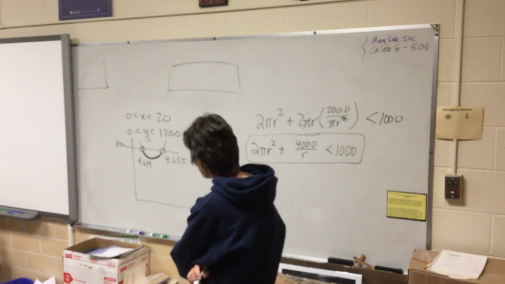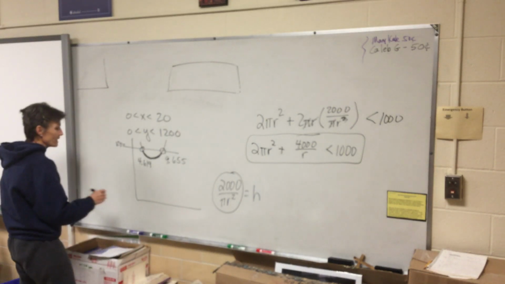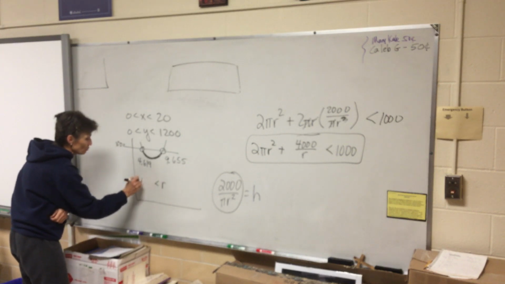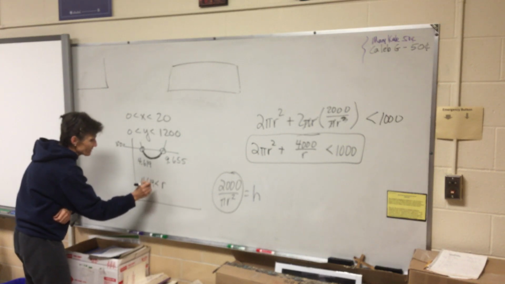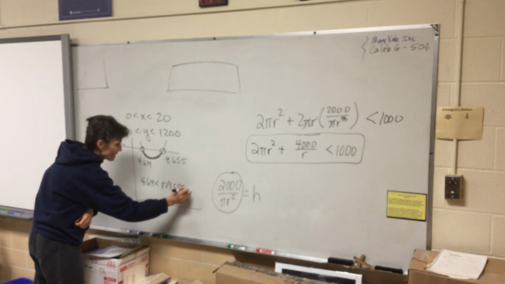Now, what that means is, the question said, what's the radius of the can? It means the radius of the can has to be between 4.619 and 9.655 centimeters.